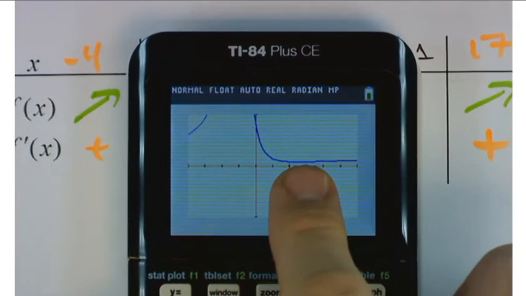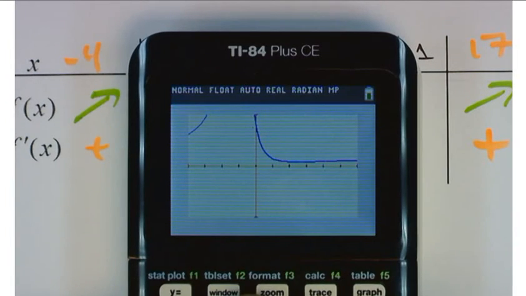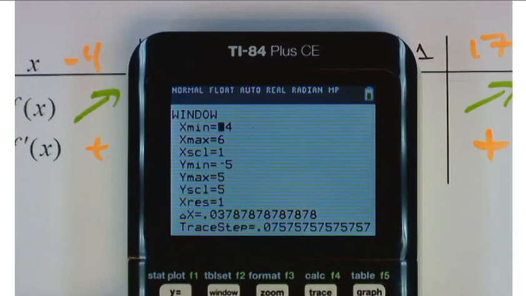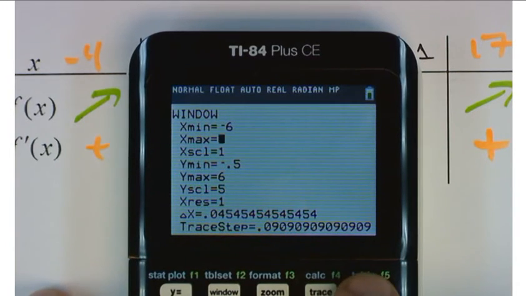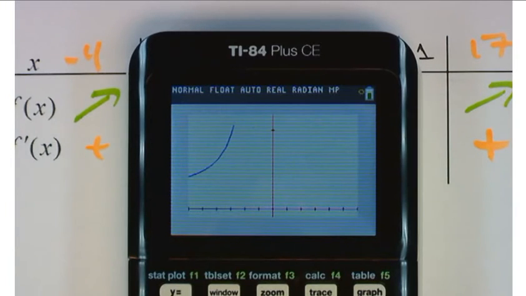Half of our graph seems to be wasted. So let me adjust this a little bit. I'm going to make y minimum say -0.5 because I don't think we need much below the x-axis. Y maximum, let's make 6, and let's go a little further down on the negative x-axis. You're not going to have to be experts in graphing these things on your graphing calculator.